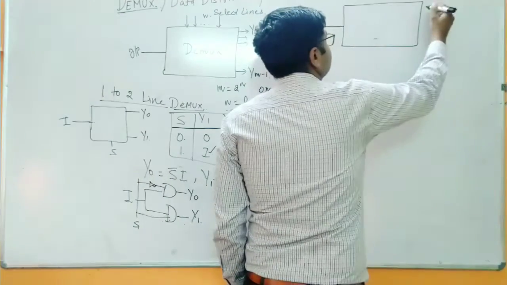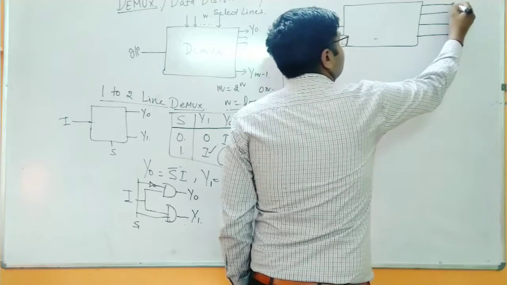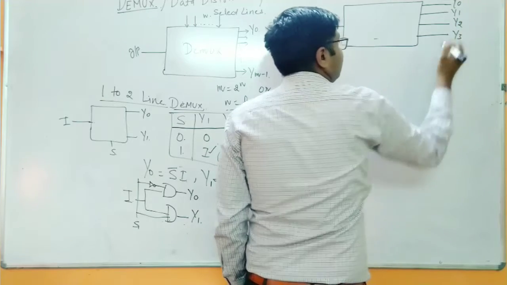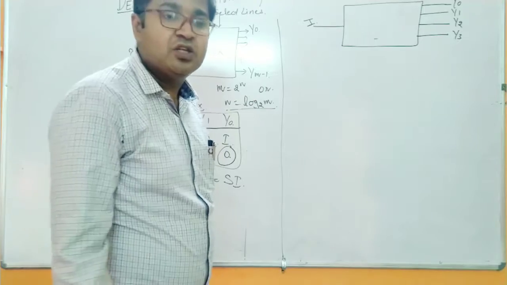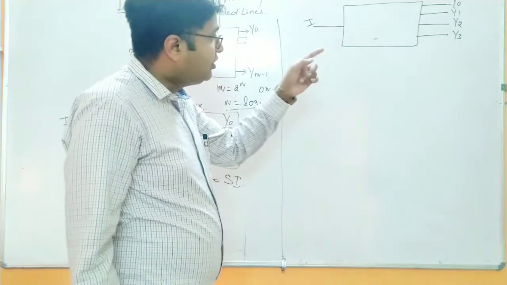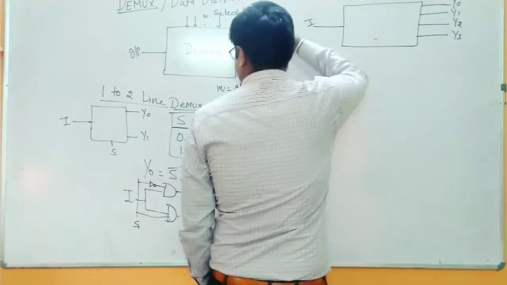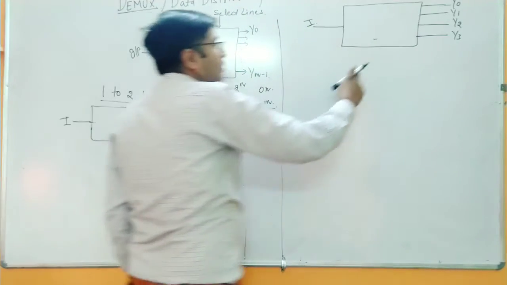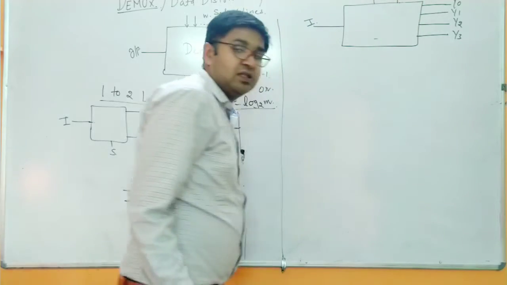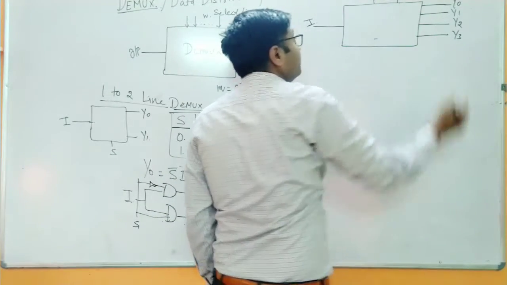If there are 4 outputs available to us, that is Y0, Y1, Y2, Y3, then the number of select lines needed to relay the information to a particular output is 2. Here we had only 1 line, here you will have 2 lines. So the select lines will be S0 and S1.